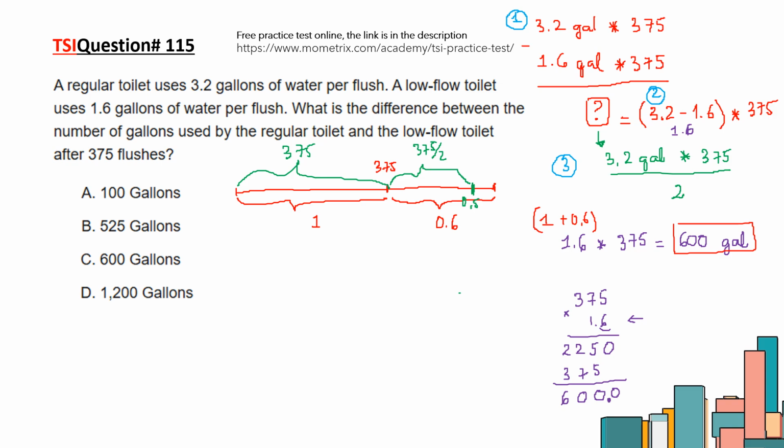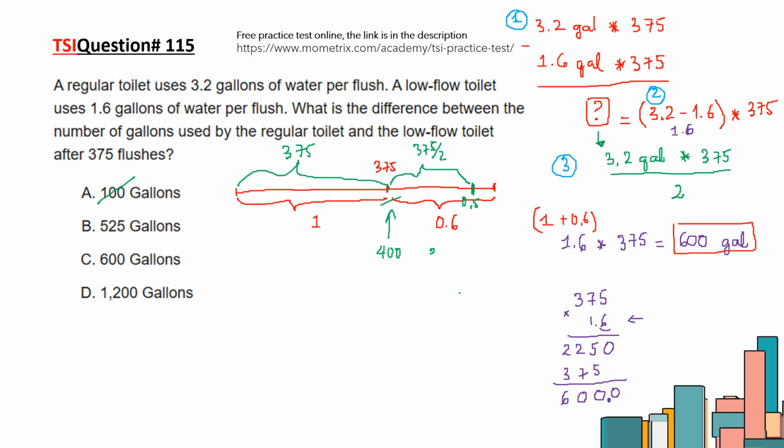So I know that the answer has to be greater than 375. So I will eliminate 100 gallons. And then we will have half of 375, let's say about 400.